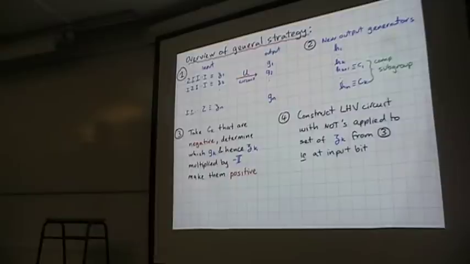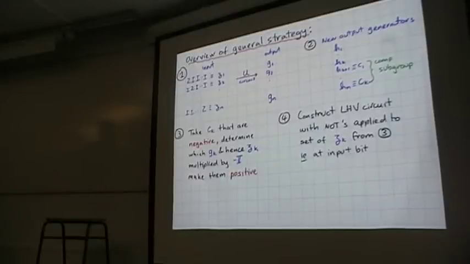Then I've got to find any of these that are negative, and work out, going backwards through this mapping, which generators I need to multiply by minus I here. I mean, these are the same group, but I've got to go backwards. Then I take that minus I back to the input, and I'll have corrected for these incorrect minus signs.